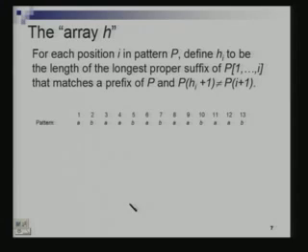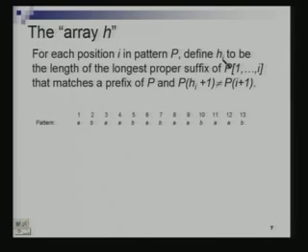Okay, so with each position of the pattern, we are going to define... Recall we said there is this array H which determines how much we are going to shift the pattern by. What is the information Hi?